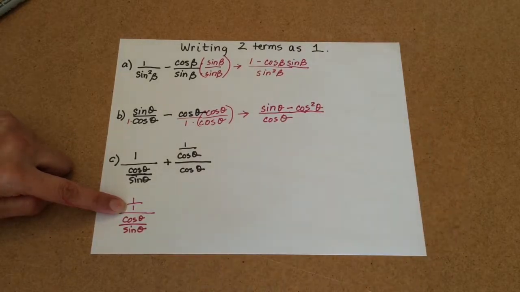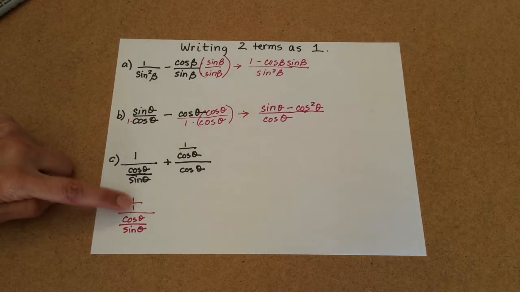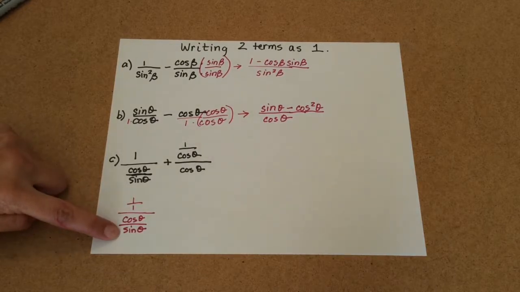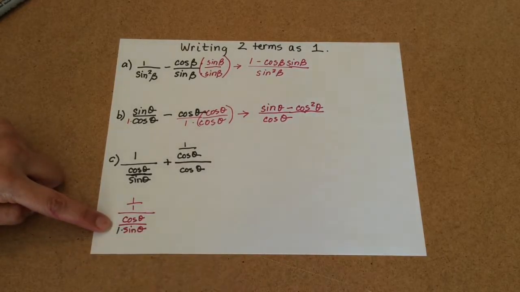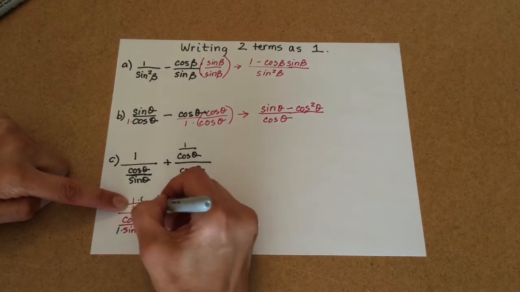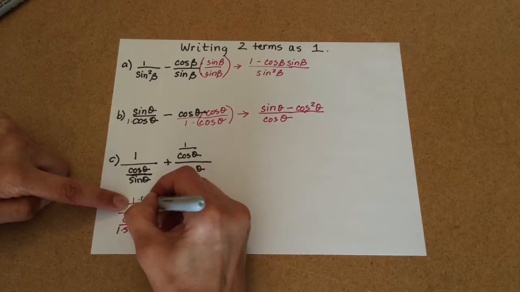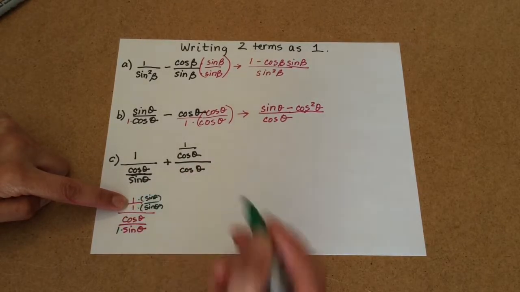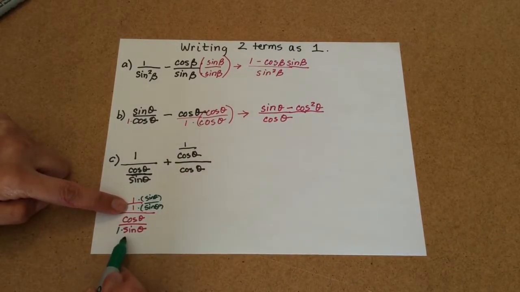Now that you're almost done, here we go. This denominator here wants what this denominator has. This one has a 1, it's just invisible. So we're going to multiply the top of our complex fraction times sine of theta over sine of theta. Now they have the same denominator.